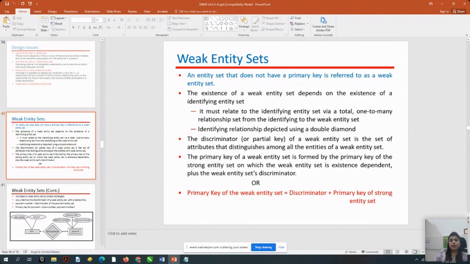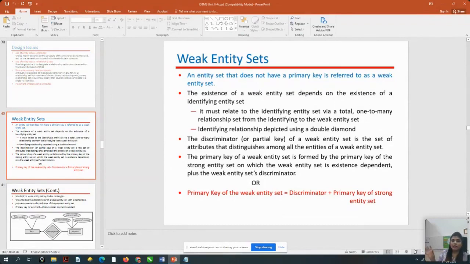Since the weak entity set does not have its own primary key, the primary key of the weak entity set would be the discriminator. The discriminator is a kind of partial key. It is a set of attributes that distinguishes among all the entities of the weak entity set.